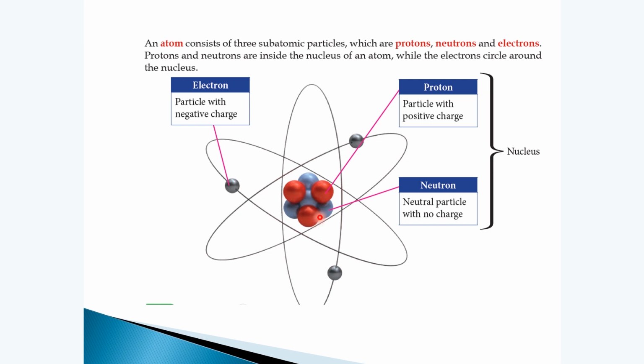The number of electrons in an atom is equal to the number of protons. Therefore, an atom is electrically neutral because the negative charge of the electrons cancels out the positive charge of the protons.